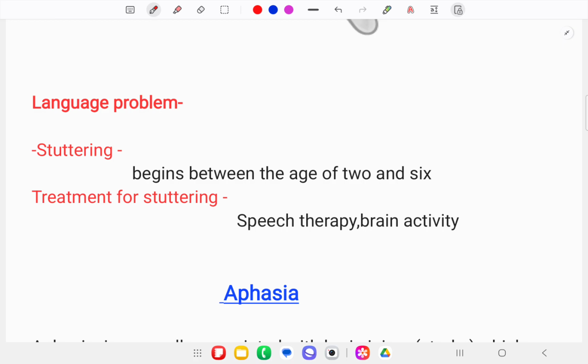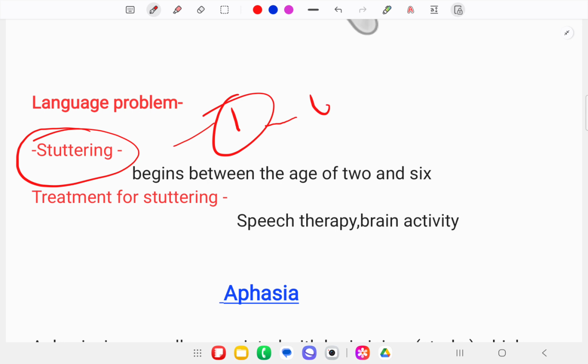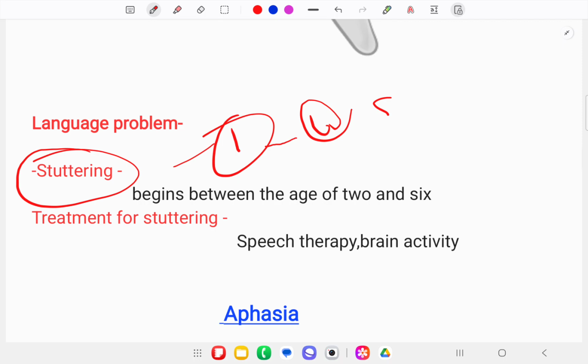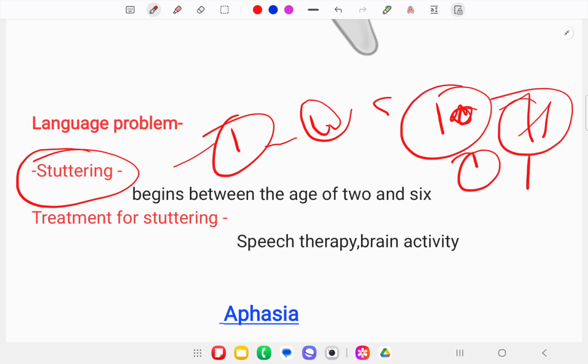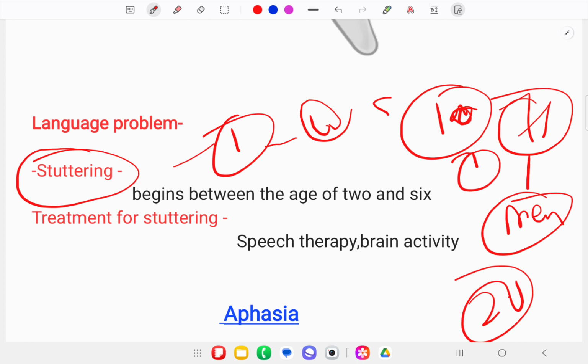The first is stuttering, which can also be called stammering. Only about 1% of people have stuttering, meaning if we take 100 people, only 1 has it. Of those, mainly 75% are men, and only 2.5% of cases are female.